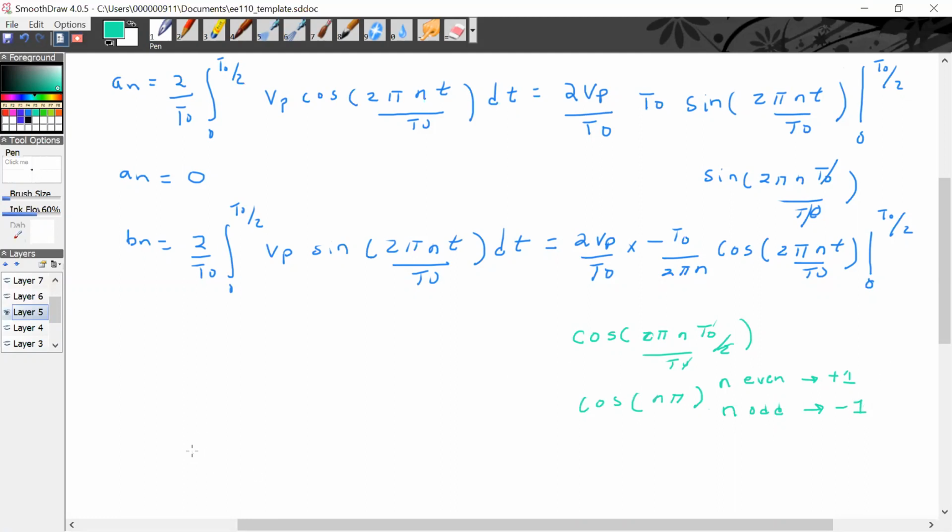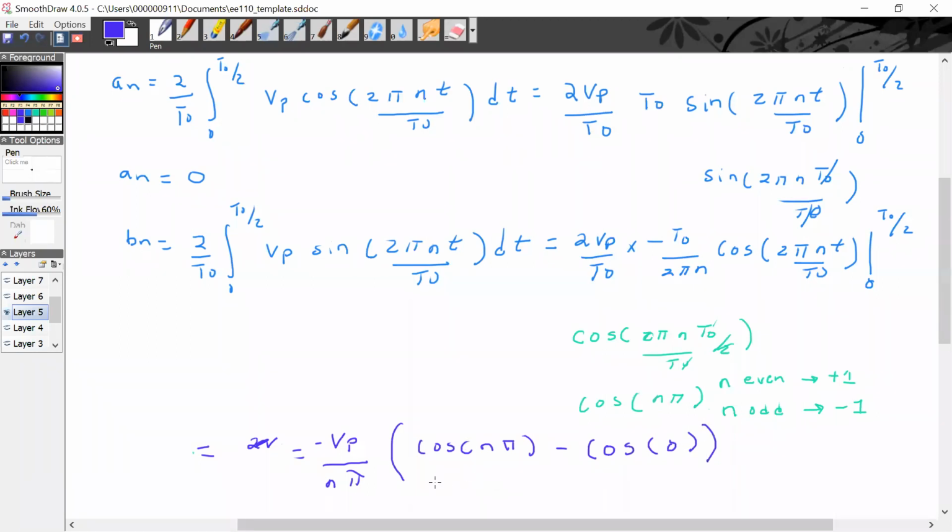So if we come back, and when cosine is 0, that's 1.